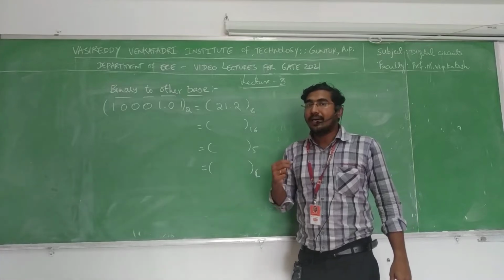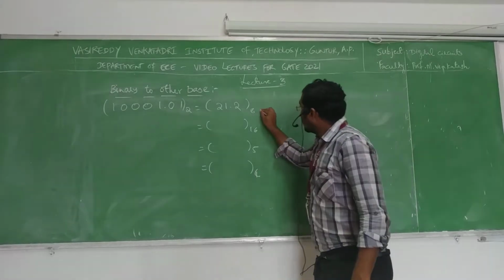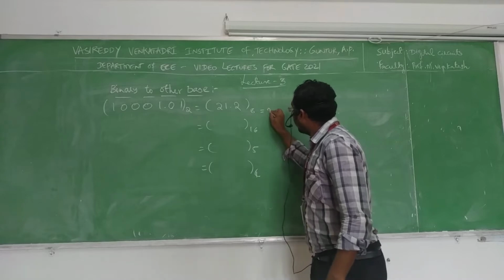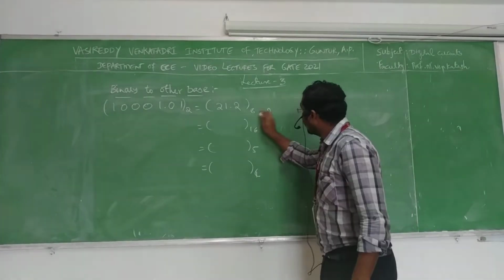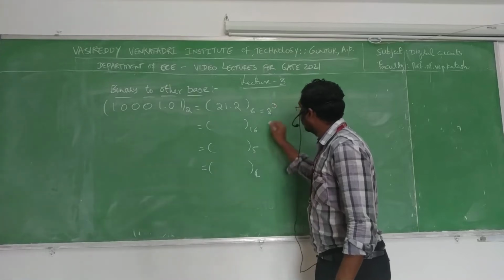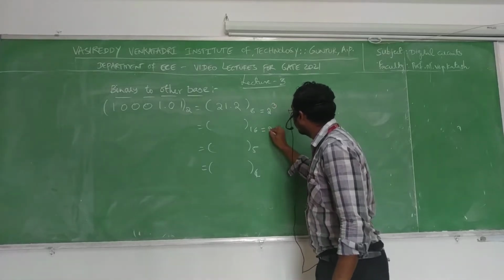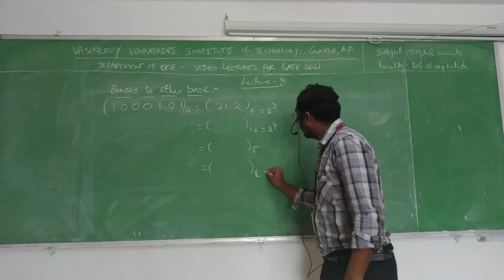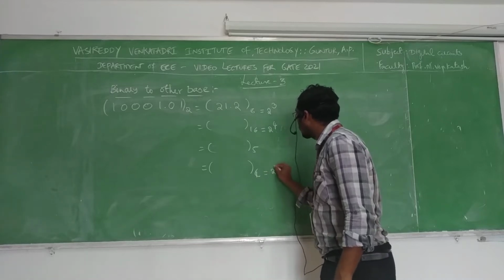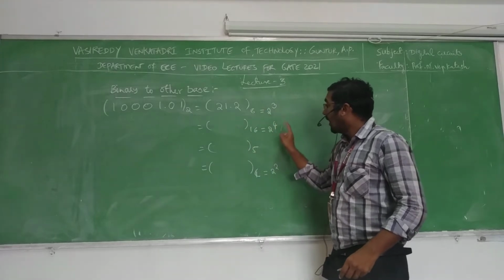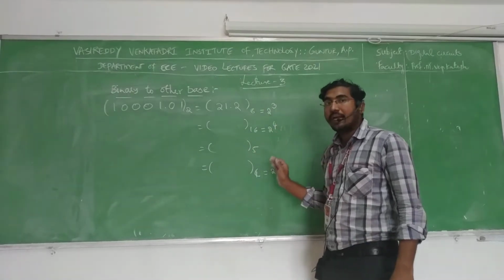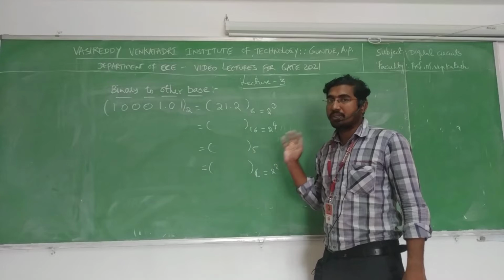In order to understand that, the required base has to be written in terms of 2 powers. Here 8 can be written as 2 power 3, 16 can be written as 2 power 4, 4 can be written as 2 square. It means that binary to octal, hexa and base 4 is directly possible.